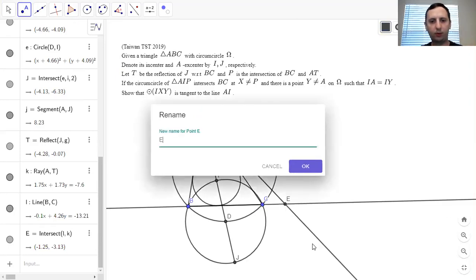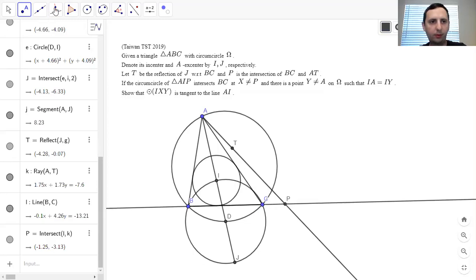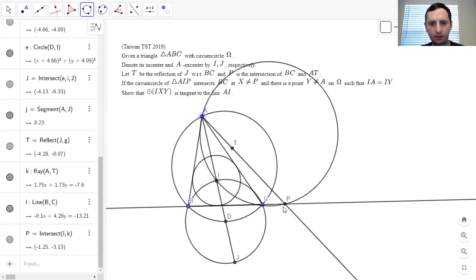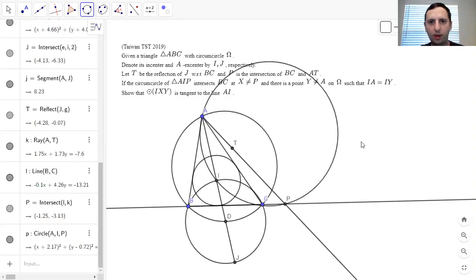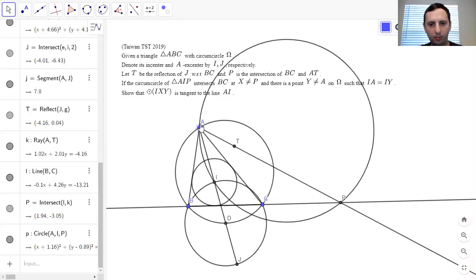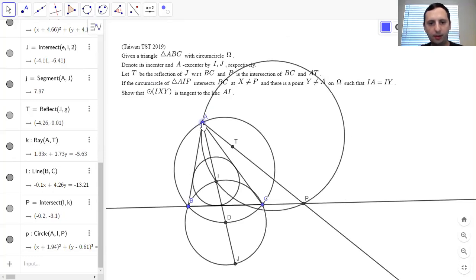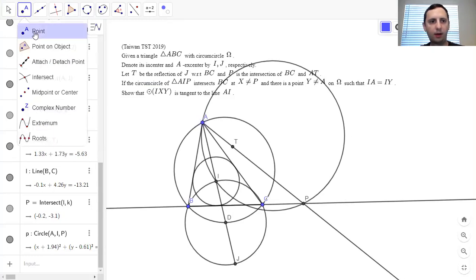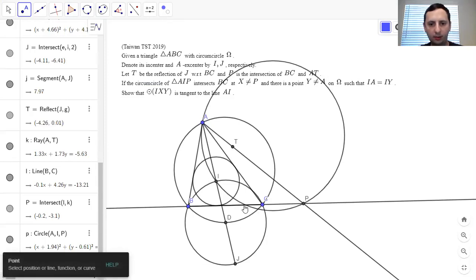And then we draw the circumcircle of AIP and see where it intersects BC. If it intersects BC at X, in this diagram X looks too close to point C, so maybe like that, and then this would be X right here.